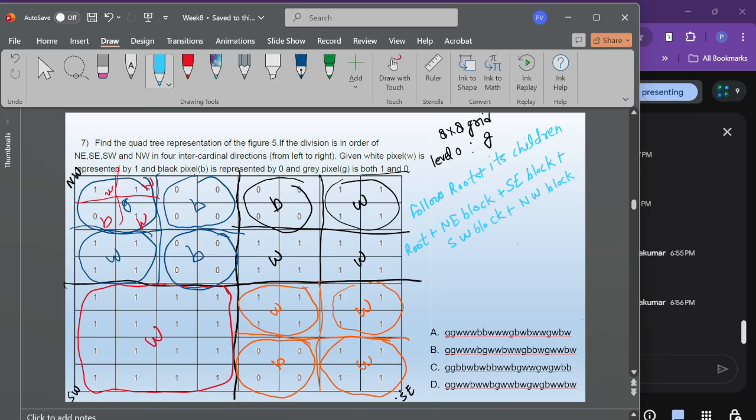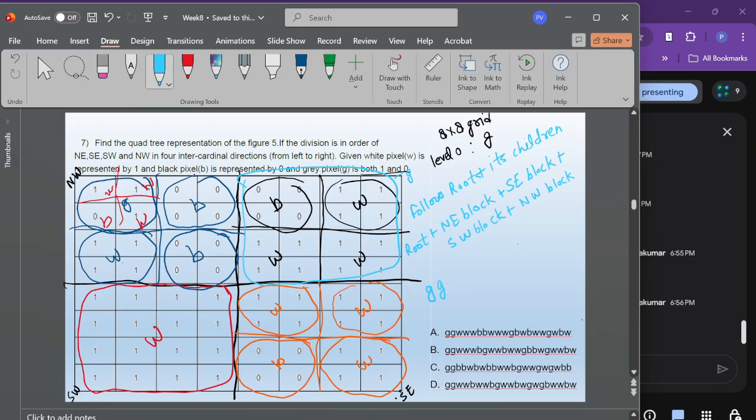Now first, for root, for the whole 8 cross 8 grid, that is G because it is a combination of both, right? So the first one is G. Now for the NW block, what is the first 4 cross 4 grid? It is a G, right? The whole grid is a G. Then we have divided because it is a combination of both zeros and ones, so it is again G. Now we are starting from here.